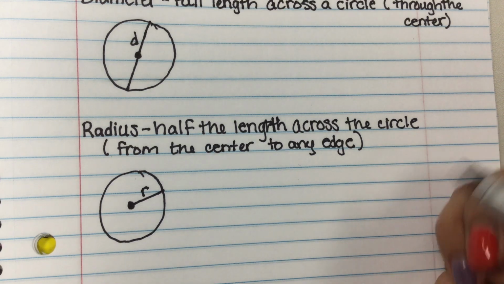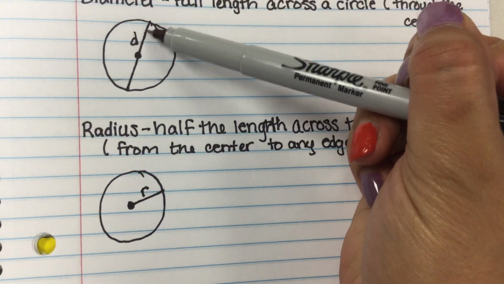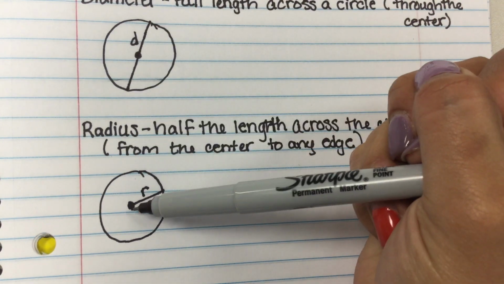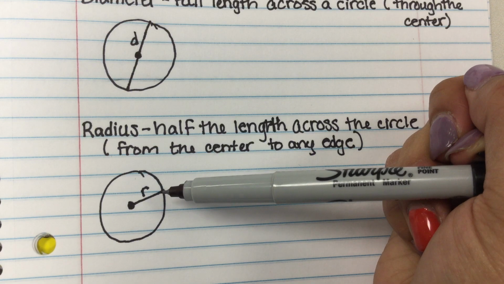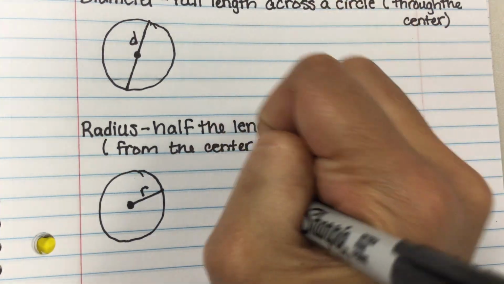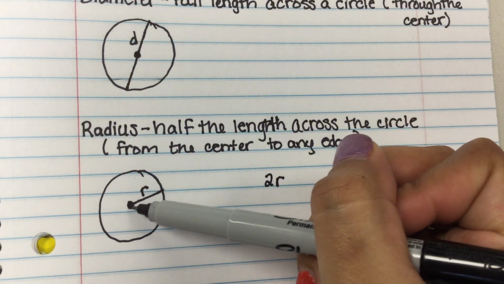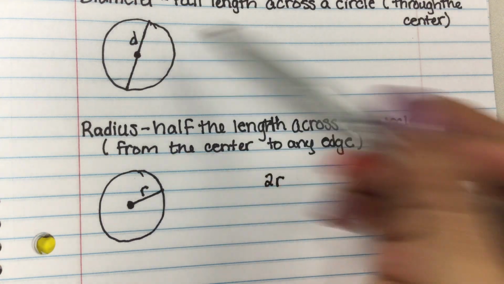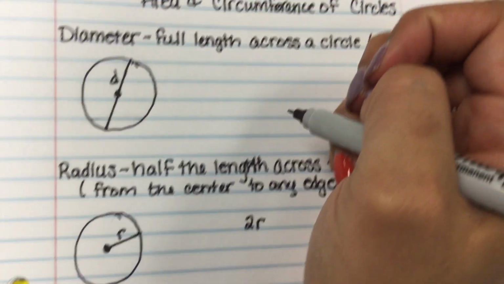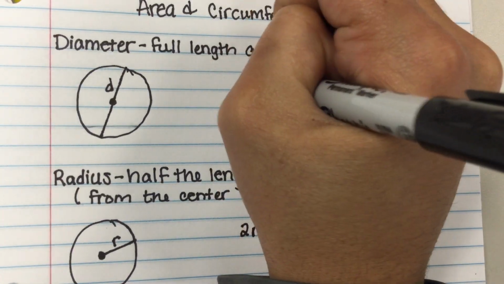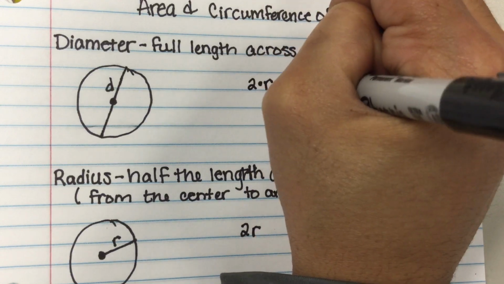If you notice, our diameter is the full length across the circle, our radius is half, so anytime you're given the radius and you want to know the diameter, all you have to do is multiply that radius times 2, because any 2 radii will give you the diameter. So for diameter: 2 times the radius equals your diameter.